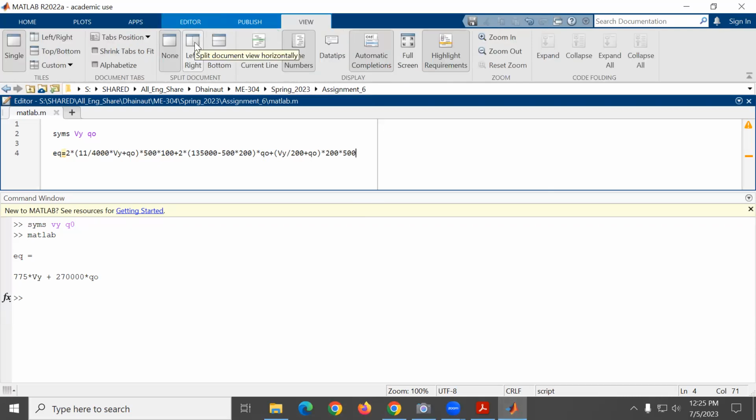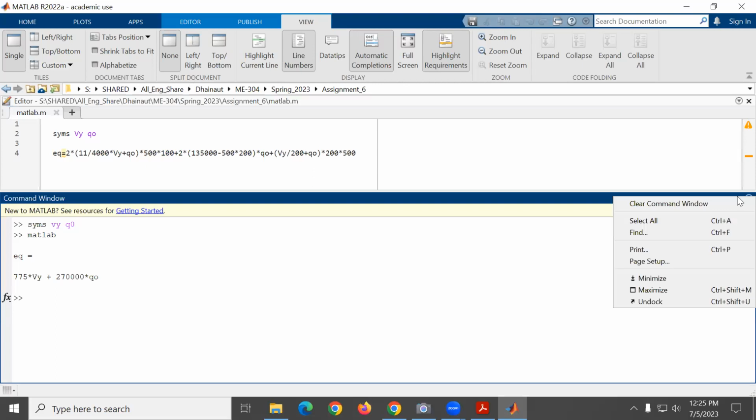Oh, this one here. What did it do? Oh, you mean move the command window over? Yeah, the arrow that's on the window should have it. Should be able to undock it and then move it to the side.